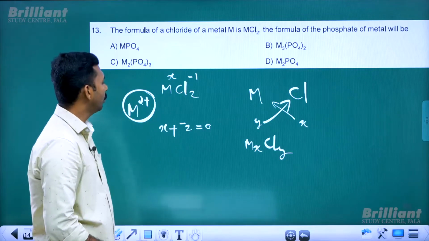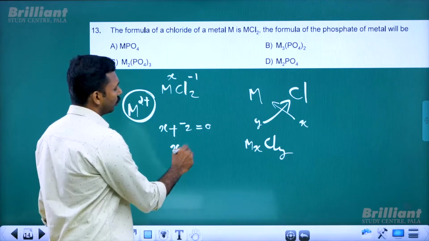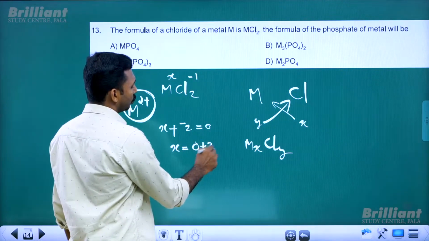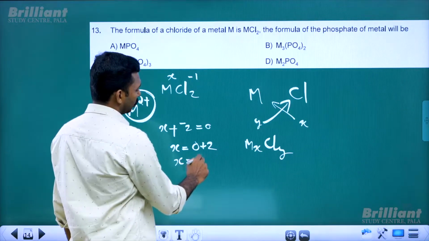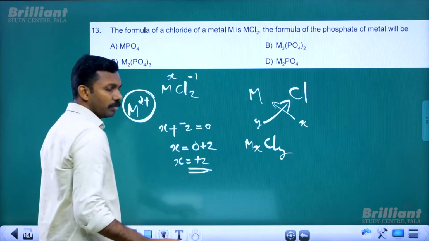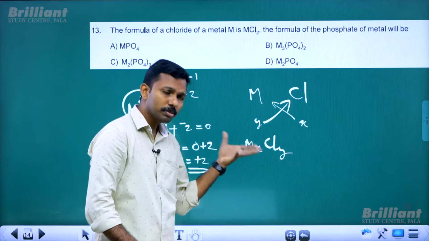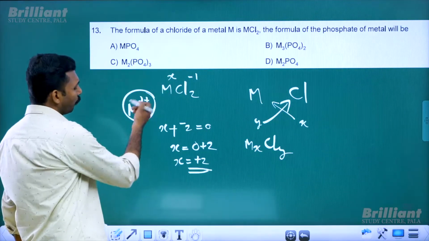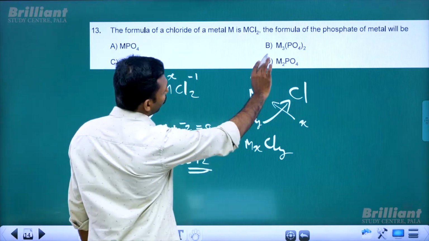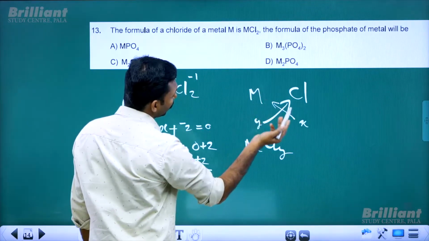So x is equal to how much? 0 plus 2. X is equal to plus 2. So that will be the valency of a metal. That is what we calculated by using this method also. So M2+.